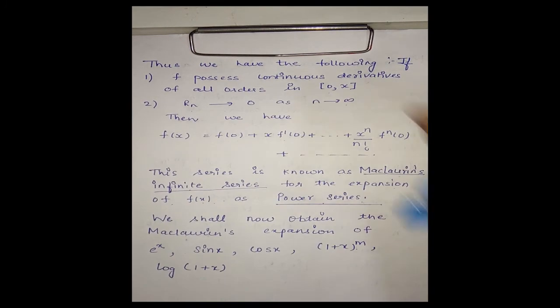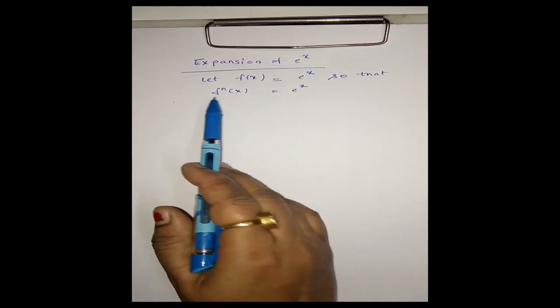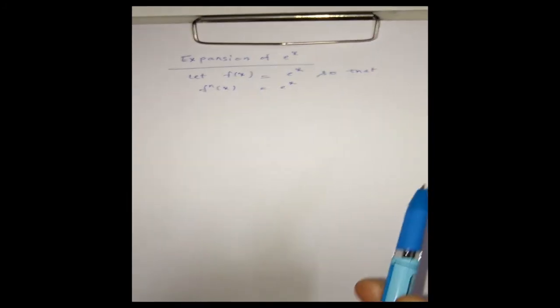Now first we obtain the expansion of the exponential function e^x. Now let f(x) be equal to e^x, so that the nth derivative will be e^x only.